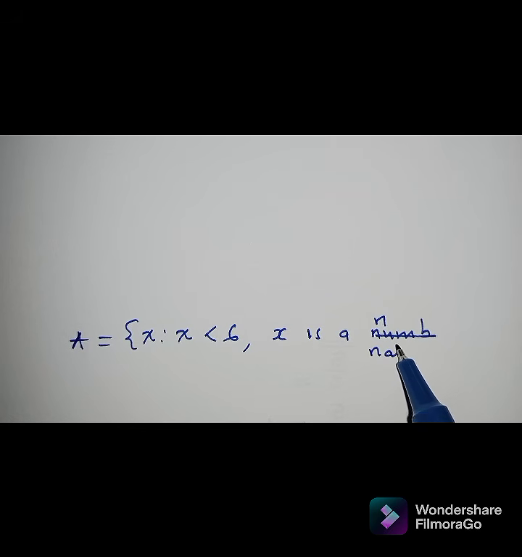So question 10a, they're saying given that A is equal to x such that x is less than 6, x is a natural number.